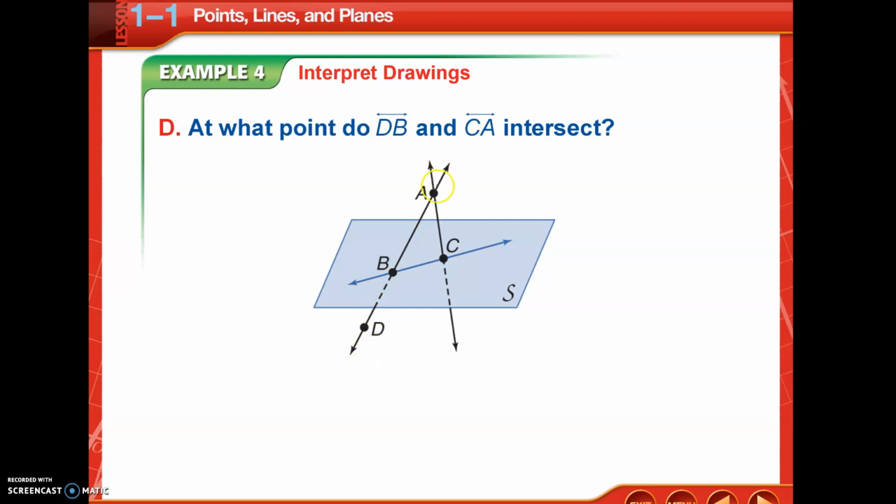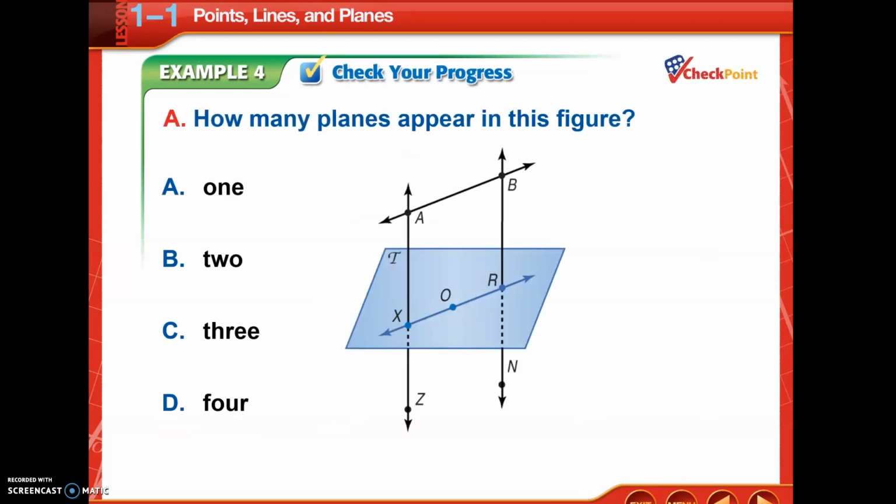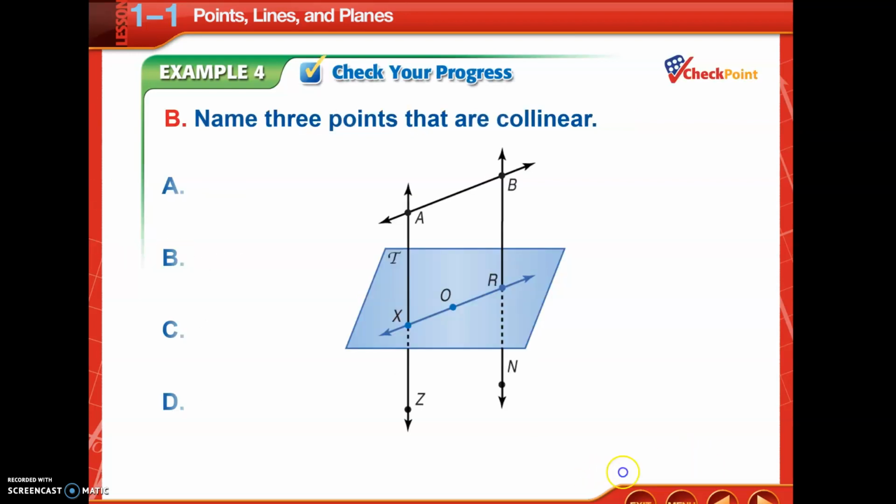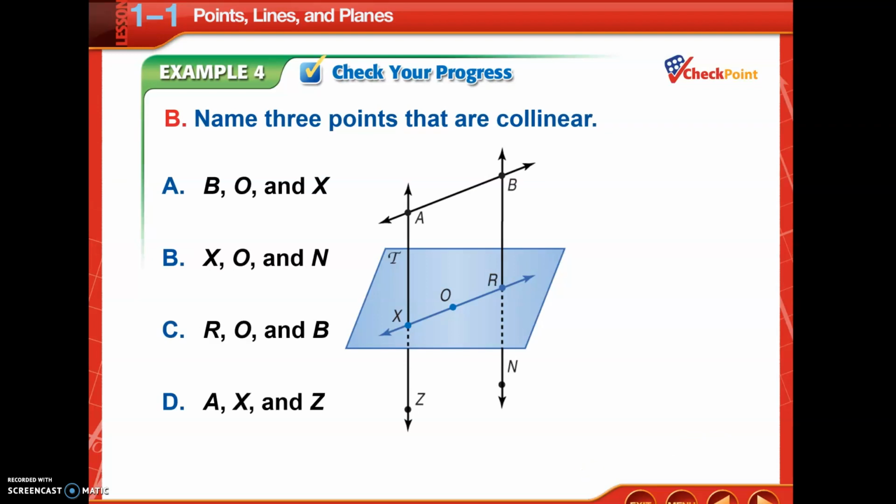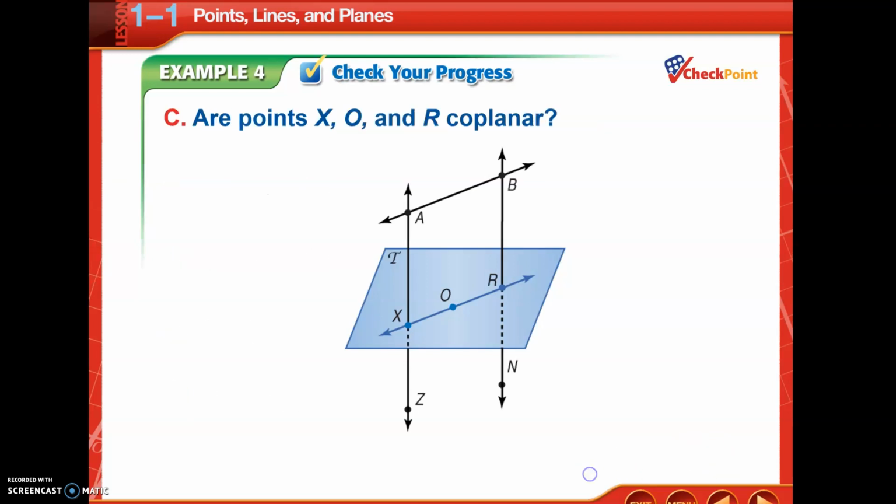So line DB and CA cross at point A. Planes in here, you have this blue plane, and then you have this plane that is kind of sticking up on it. So two planes. And then go ahead and look through those, see if you get the same answers.